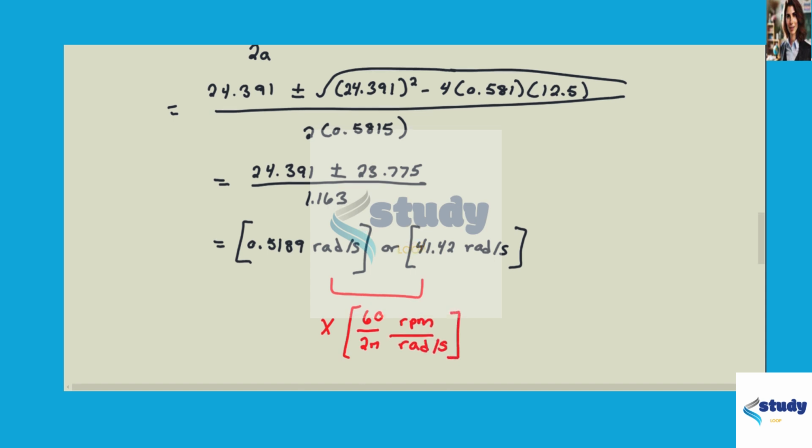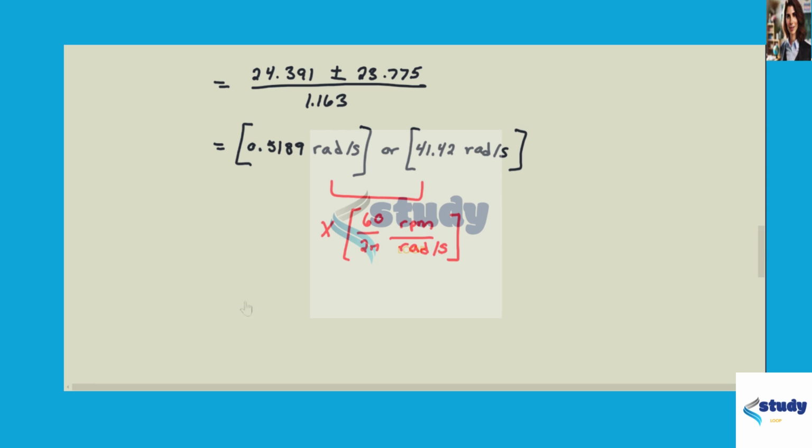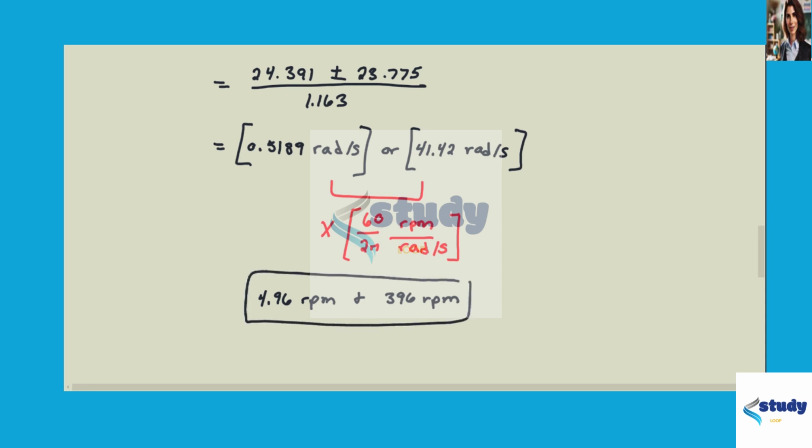Okay, you just multiply these each by that. And so for the first one, you get 4.96 RPM. And the second one, we get 396 RPM. Okay? And those are your answers.